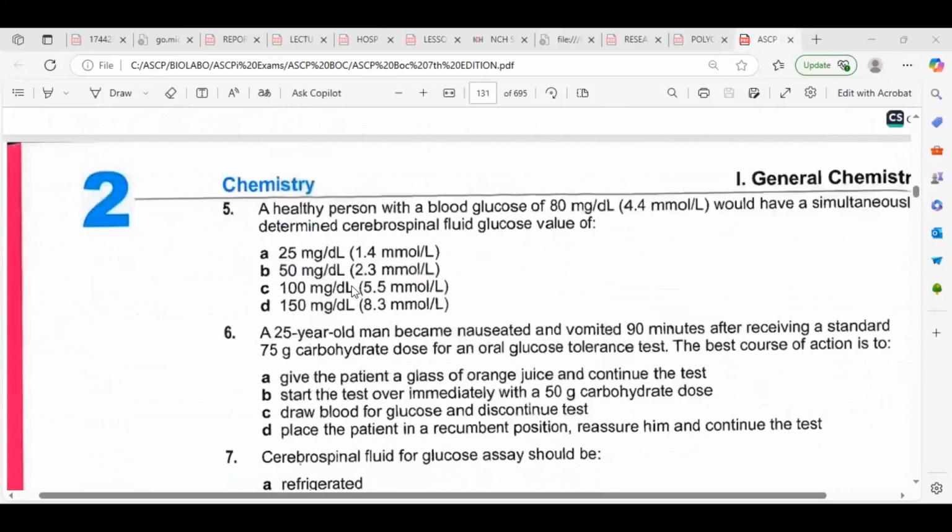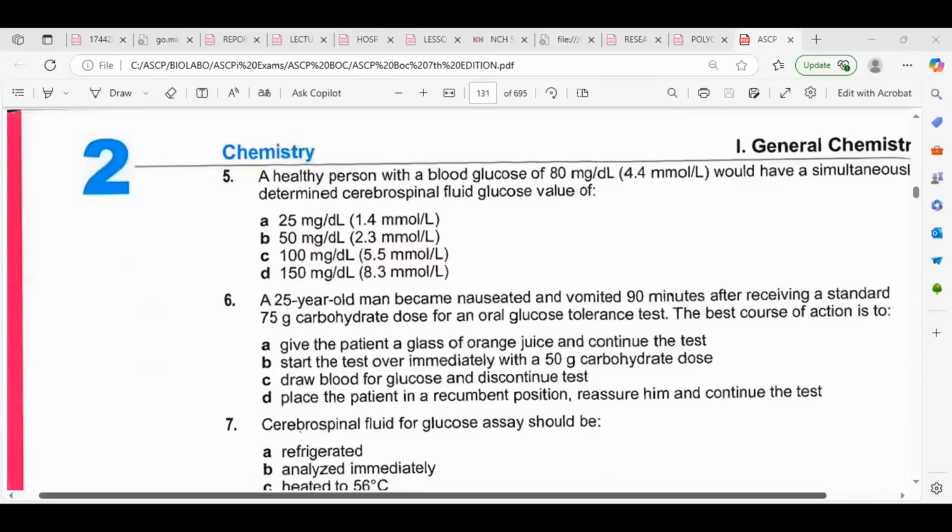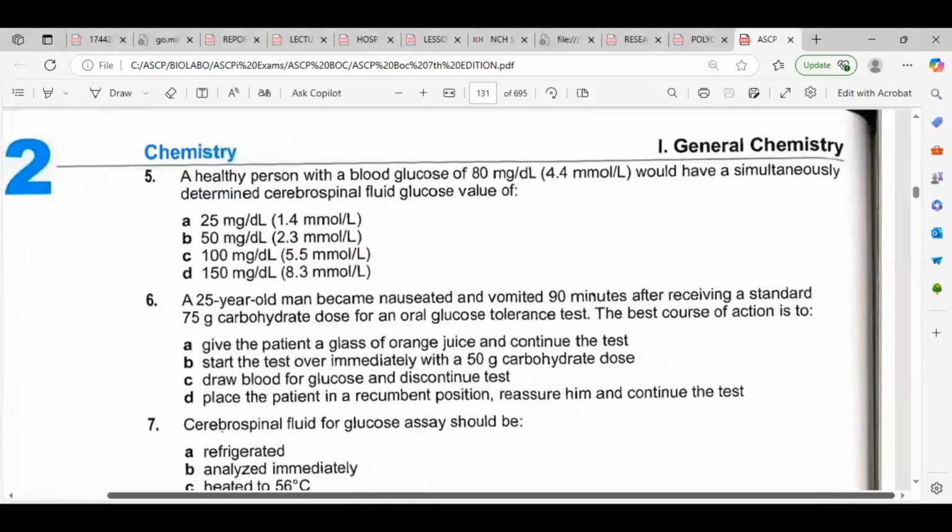Okay, let's look at question number 5. So they're asking, let me try to do it like this. Can you see it? Let me try to move this thing.